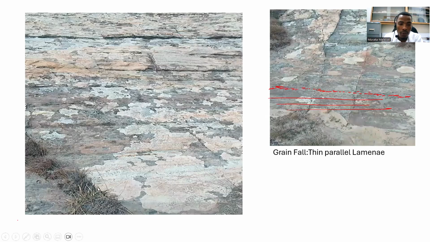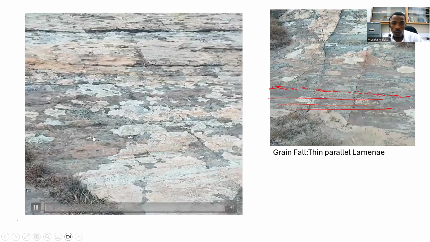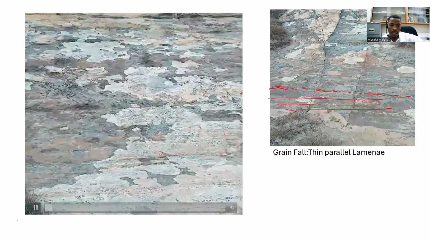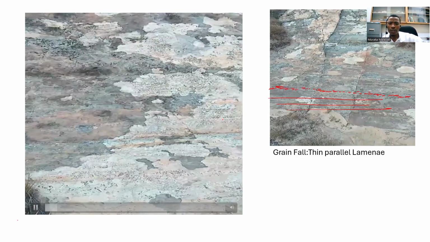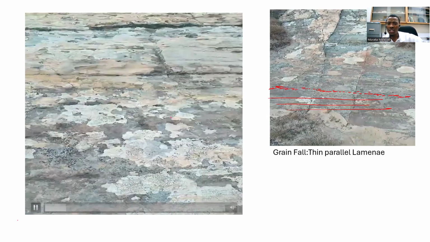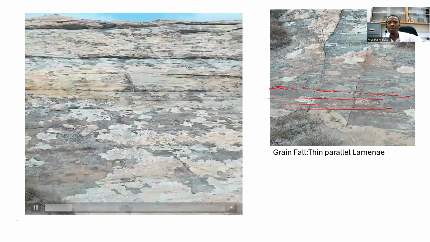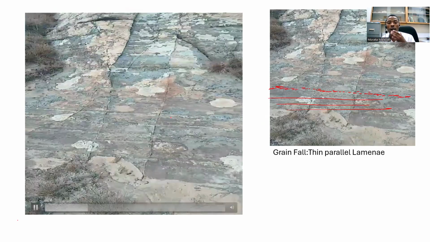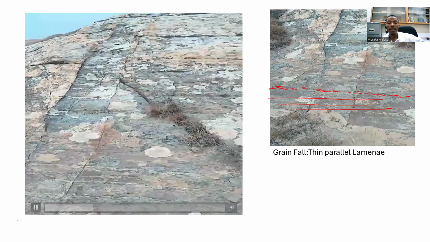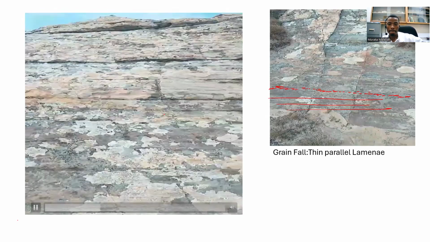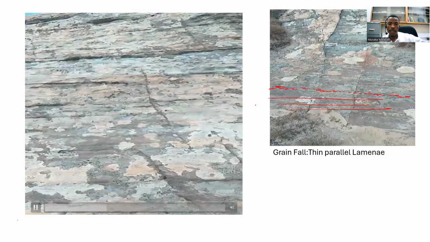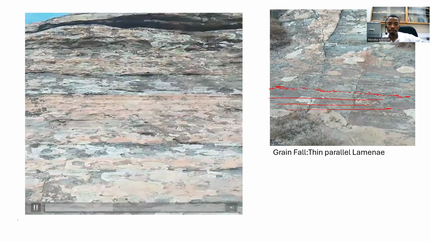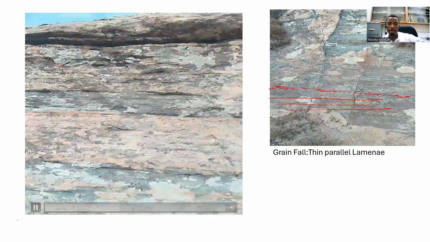But now I wanted to show you these structures clearly, but it was difficult here to observe the wedging. So this was not the best outcrop to observe the wedging, but at least we're able to see these grain falls forming these thin parallel laminae. So that's the area.